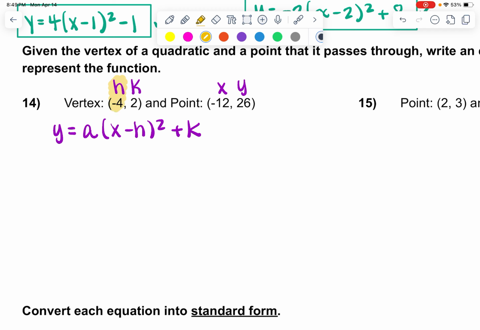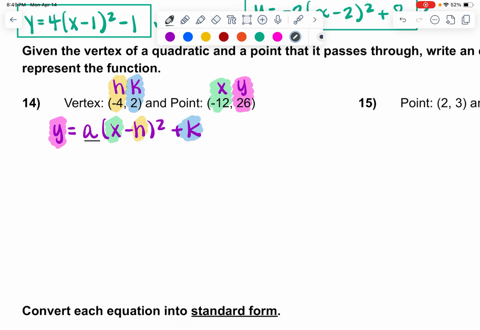I'm going to take the h value and plug it in for h, the k value and plug it in for k, the x value and plug it in for x. I'll go with pink, and then we're going to take the y value and plug it in for y. That's basically a number for every single thing except for the a, so it's going to allow us to solve the equation for a.